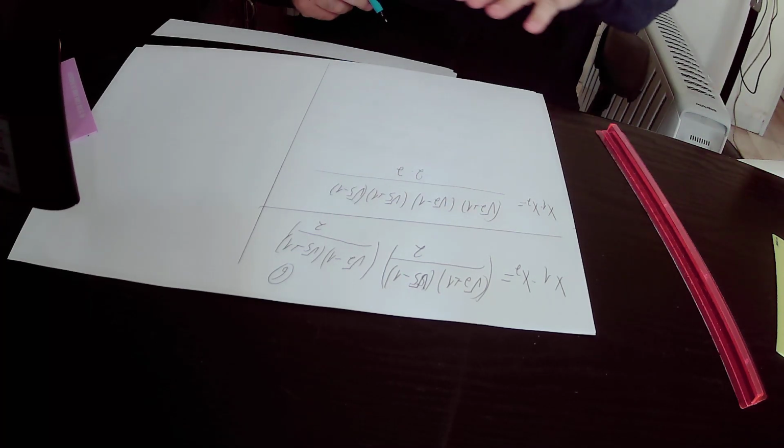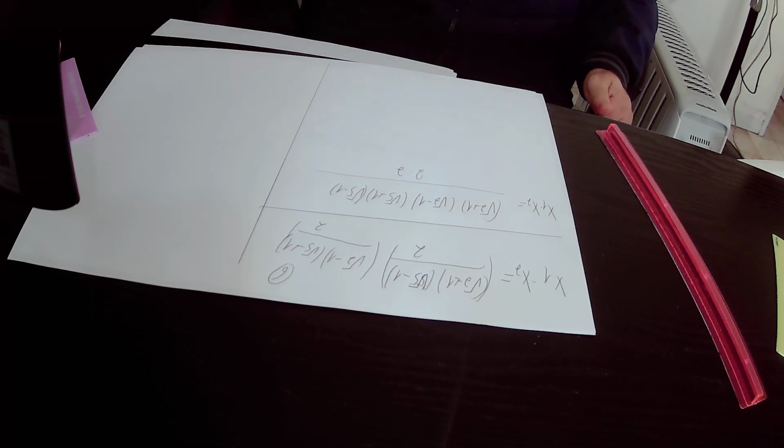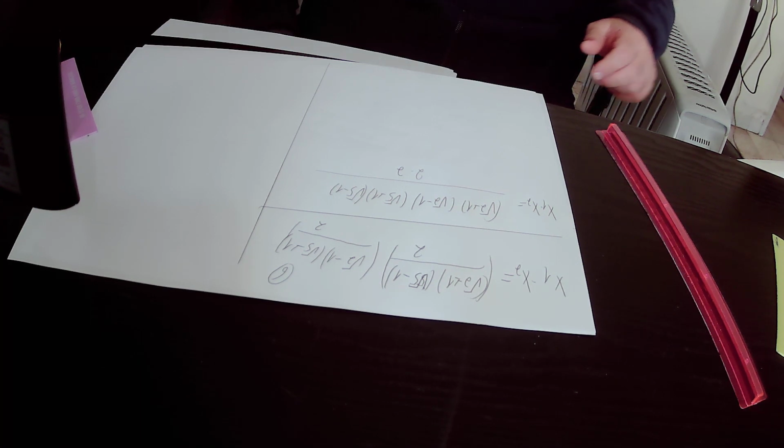So we organized the expressions in a different way. We have here square root of 2 plus 1 times square root of 2 minus 1 times square root of 5 plus 1 times square root of 5 minus 1.